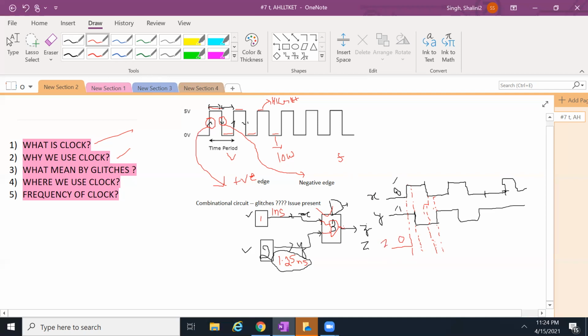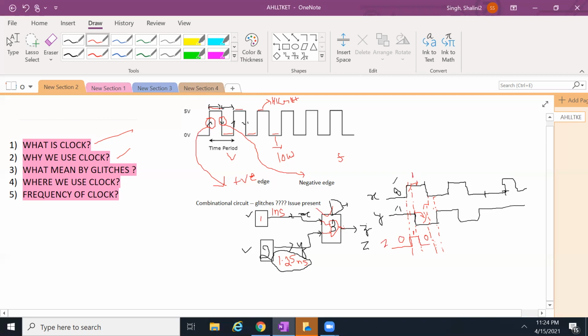Then after that its value is 1, and at Y also its value is 1. So it will go high, and up to this point the value will be 1. After that X is 1, but Y changes to 0, so immediately its value becomes 0.